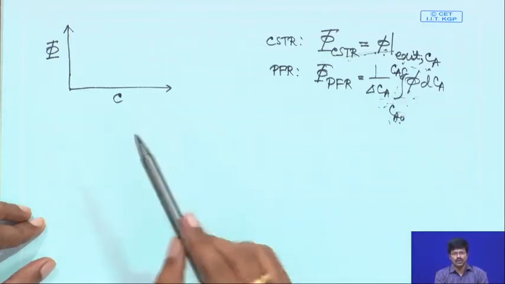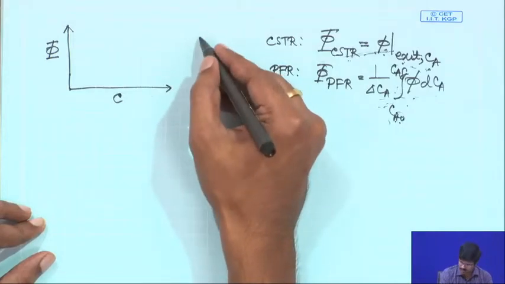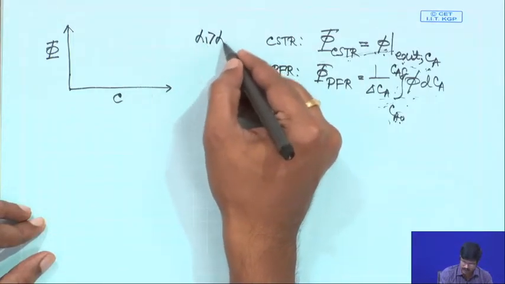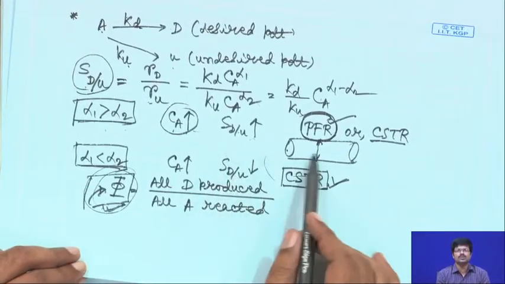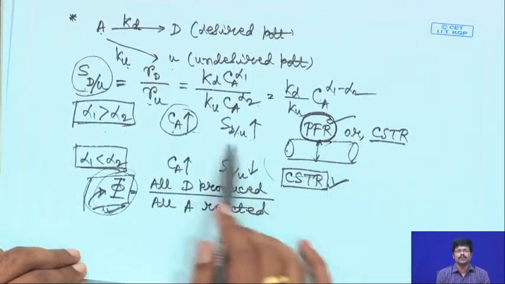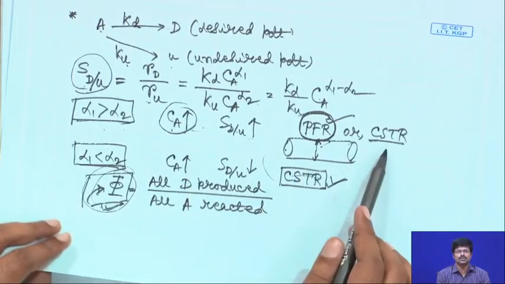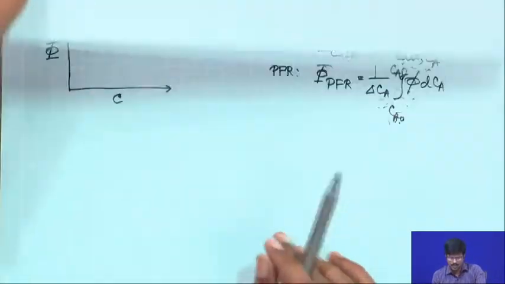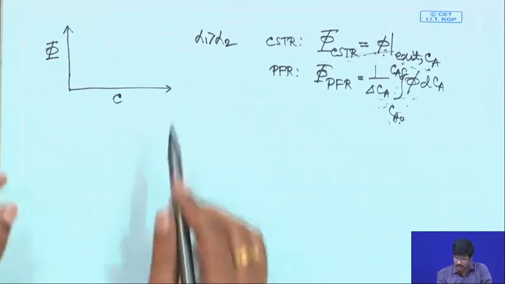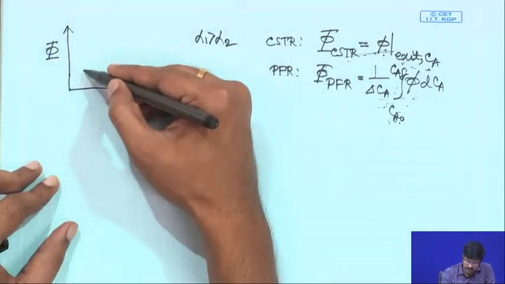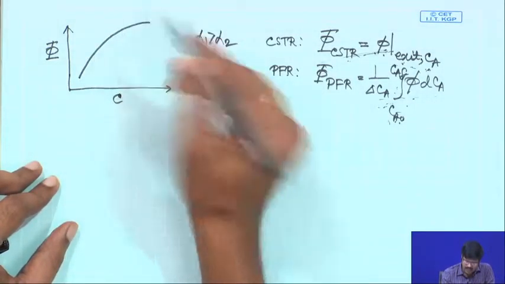Now, let us go to the graph and consider the situation where alpha 1 is greater than alpha 2. Remember, when alpha 1 was greater than alpha 2, intuitively we said that we should use PFR, then we will get a better selectivity, and we do not use CSTR. So, if alpha 1 is greater than alpha 2, then the curve will be something like this.